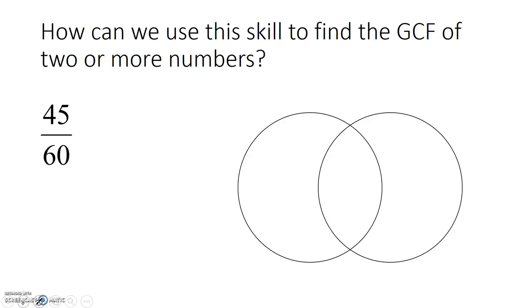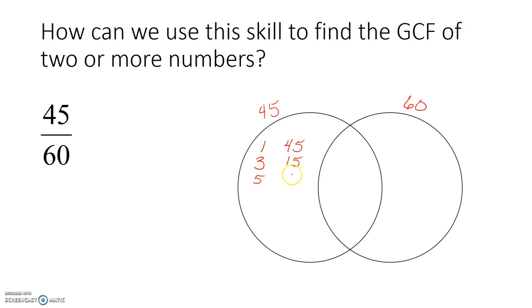Well, let's use the factor list method that we talked about in the previous quadrant to find the GCF of 45 and 60. Well, I know 45, let's list their factors, is 1 and 45. 2 can't go into 45, but 3 can because 4 plus 5 is 9. 3 goes into 45 15 times. 4 cannot. 5 can because 45 ends in a 5.